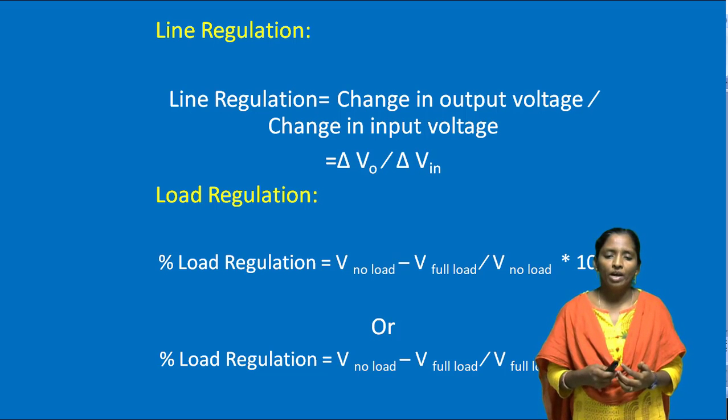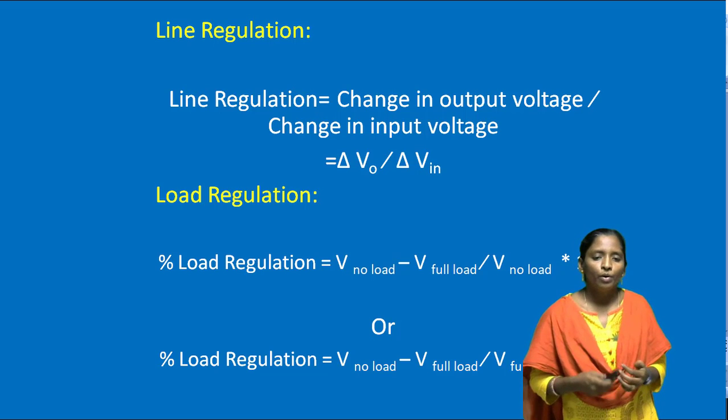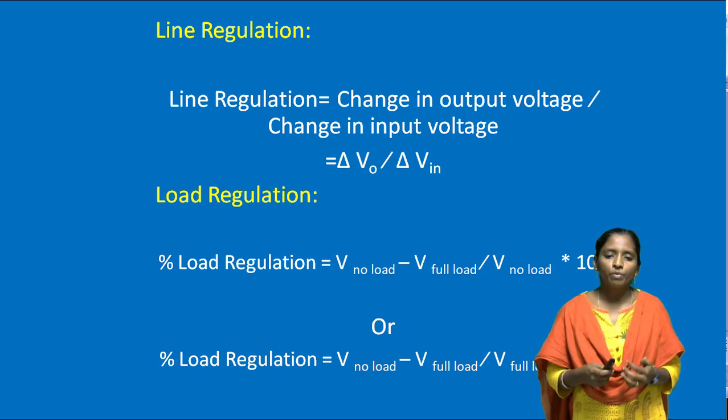Before any load is connected to the Zener voltage regulator, that is, at no load, we get a voltage known as the V no load voltage. After connecting the load to the voltage regulator, the voltage we get is known as the full load voltage.